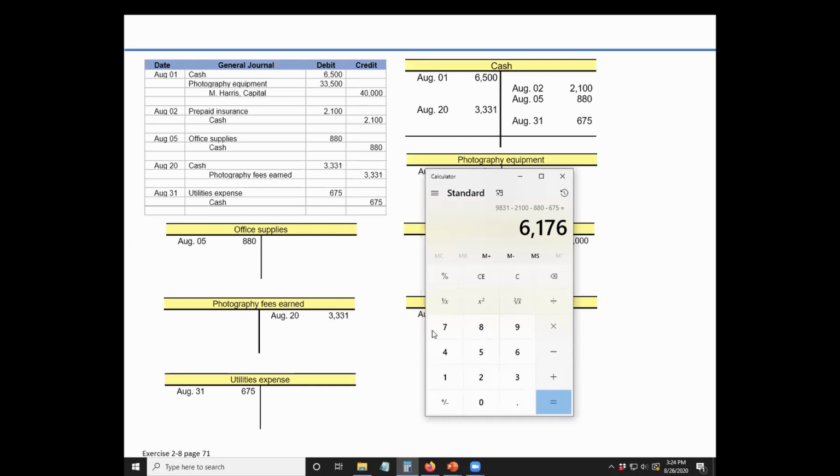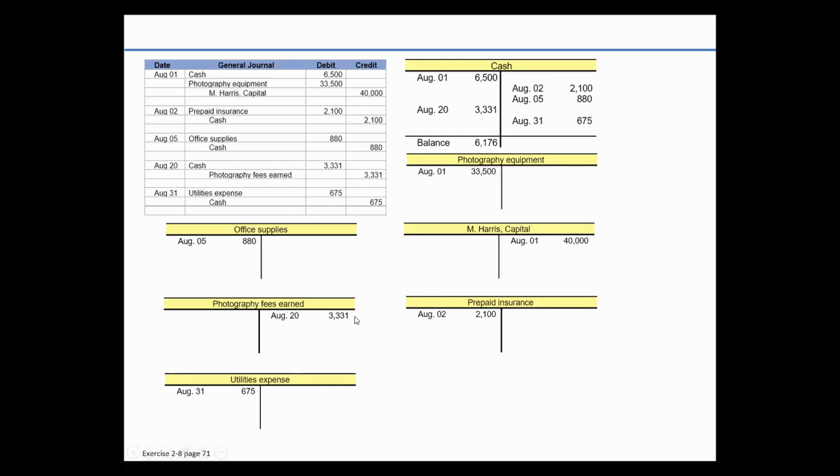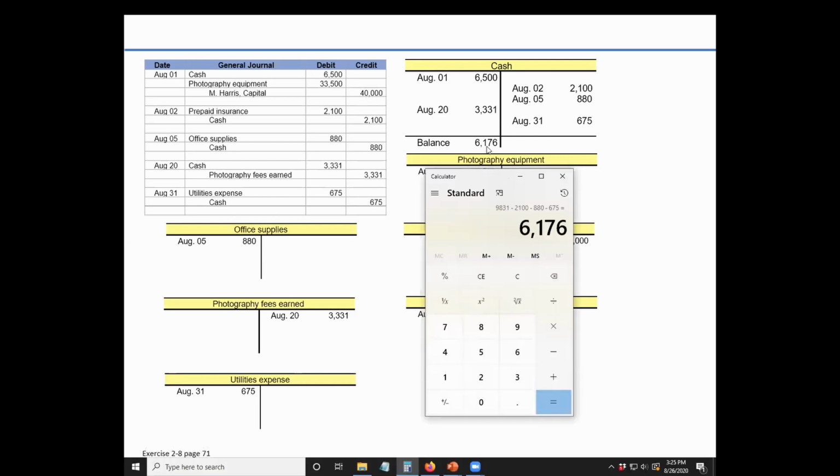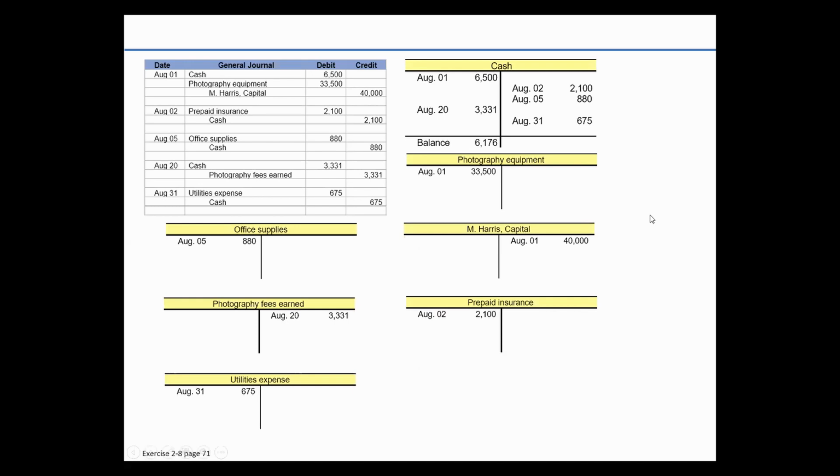Same kind of concept. So we see here that for cash, her ending balance for the month, what she should have in the bank or cash equivalent, she should have $6,176.